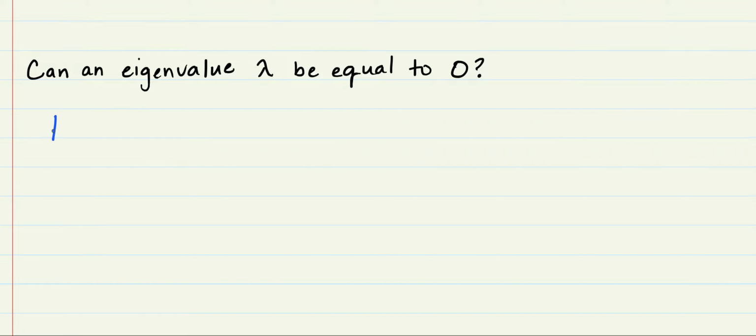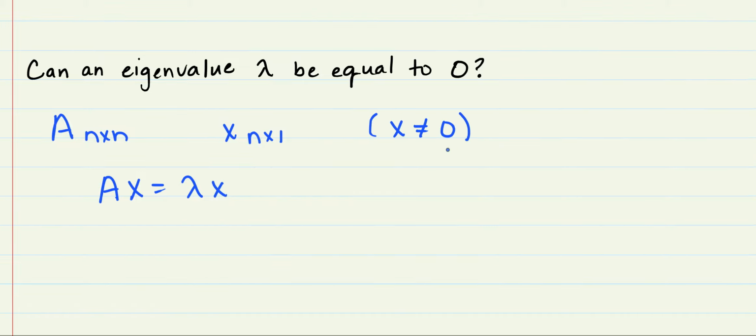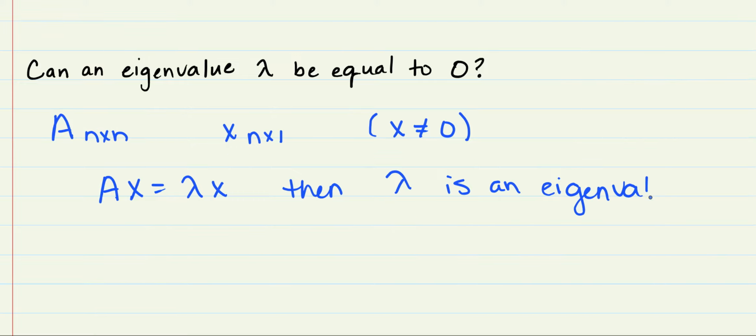We said that A is an n by n matrix, and x is an n by 1 matrix, and if A times x is equal to lambda times x, where x is not equal to 0, then lambda is an eigenvalue and x is an eigenvector.